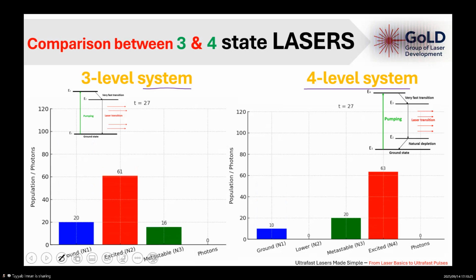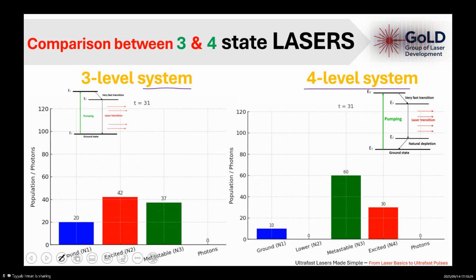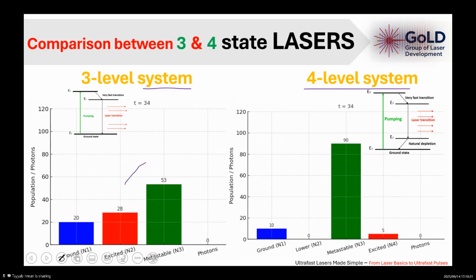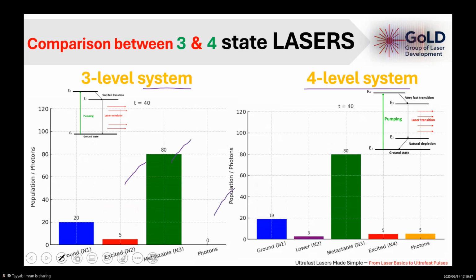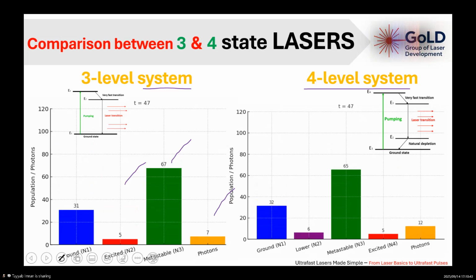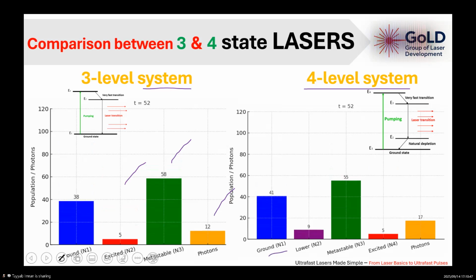Level 1 is the ground level, and the excited level is this one, which we call the pump level as well. This is a metastable state, and this is a photon. When the metastable state is filled up, you can see the lasing in the form of photons coming out.